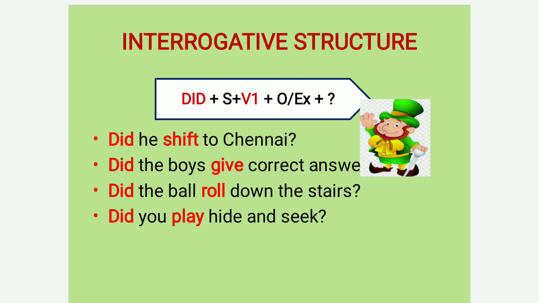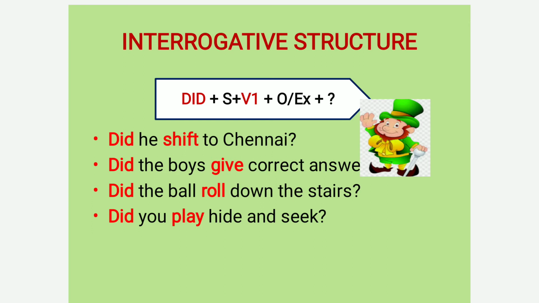So we just place the helping verb in front of the subject. We learned how to convert the given positive sentence into a negative. Once we frame that negative sentence, it is easy for us to frame the interrogative sentence structure.